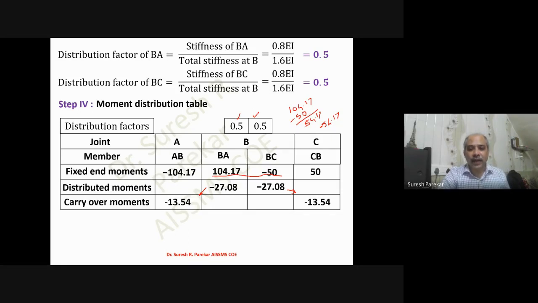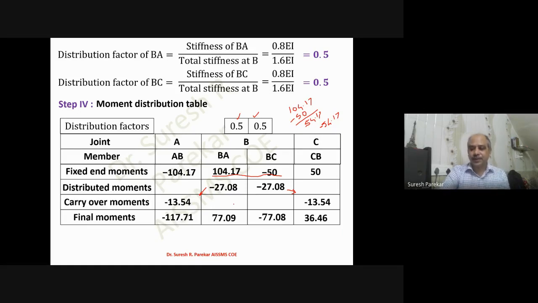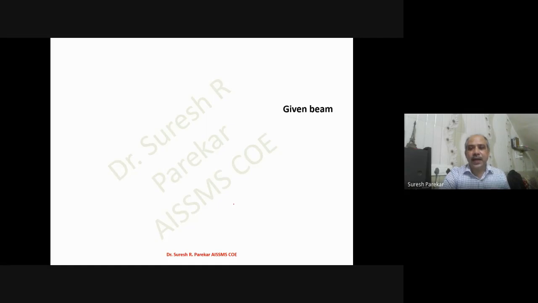Now we do not have anything over here to distribute, so we can go directly to final moments: minus 117.71, 77.09, minus 77.08, and 36.46. These are the final moments, and knowing these moments, we are in a position to draw the bending moment diagram.